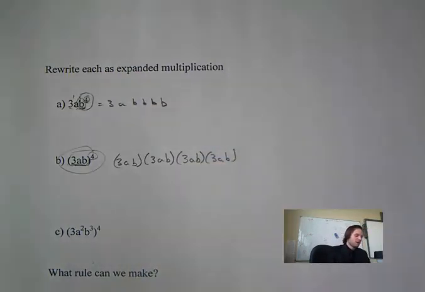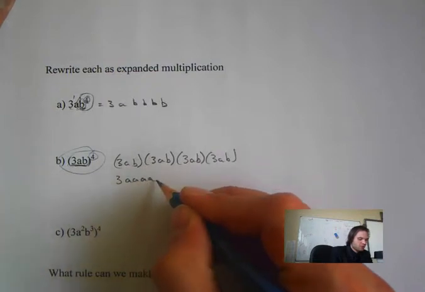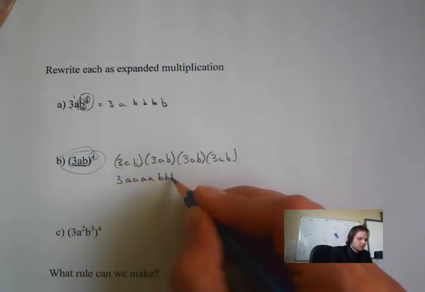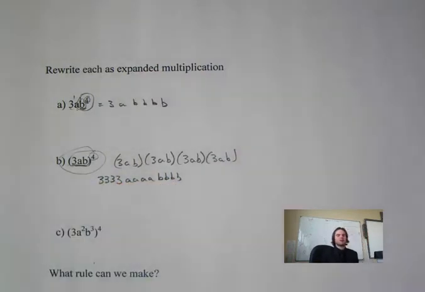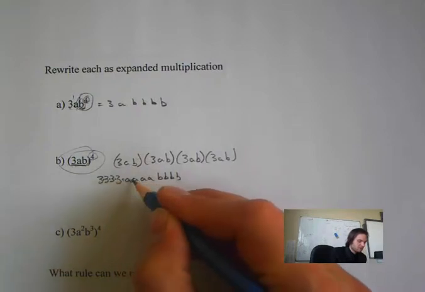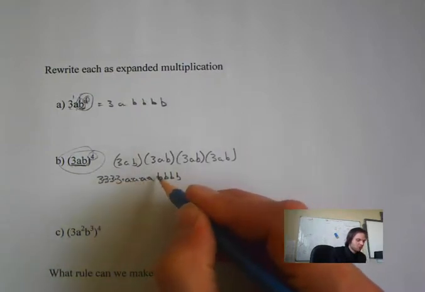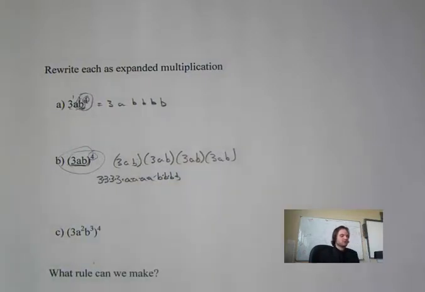Okay? So if I was to do this, this is 3, 1, 2, 3, 4, 1, 2, 3, 4. So it kind of looks like that if we multiply all of these here together. This little dot means multiplication. Okay? So it looks like that.